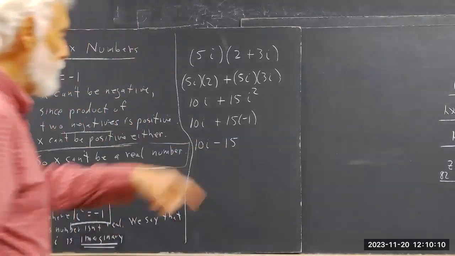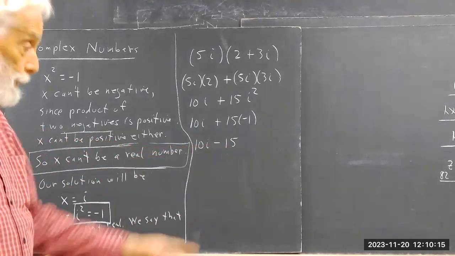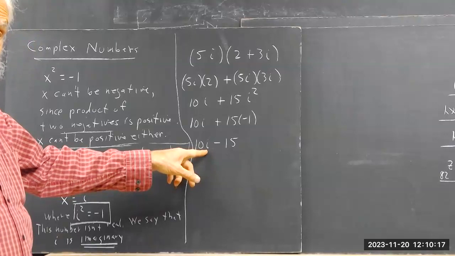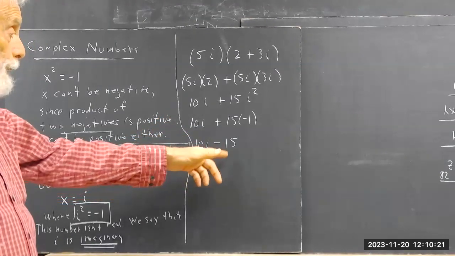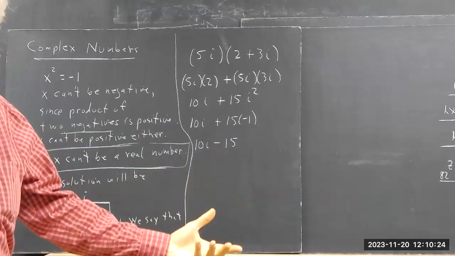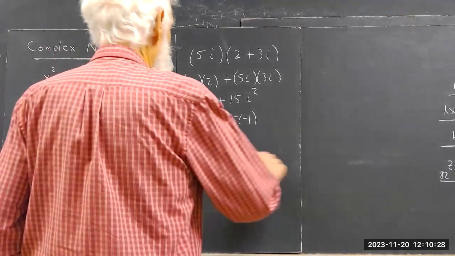So you got 10i minus 15. And you can never combine the 10 and the 15 because this one's got an I stuck to it. Just like an x. Okay. If you had 10x minus 15, you wouldn't say you have -5. Okay. So there we have it.